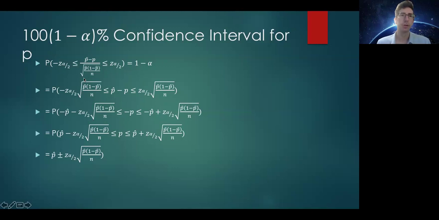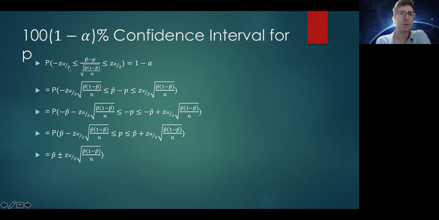just so you can understand the logic that we're applying to the formulas we've seen already. Basically in this first line, we're saying we're looking for the probability that our new z value is in between two other z values, a negative z value and the corresponding positive z value.